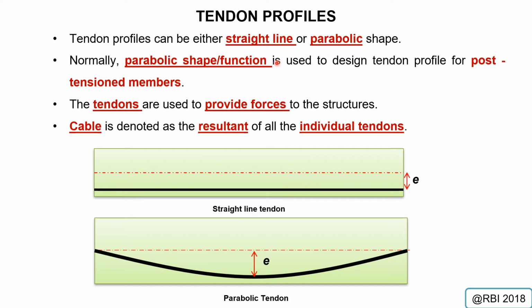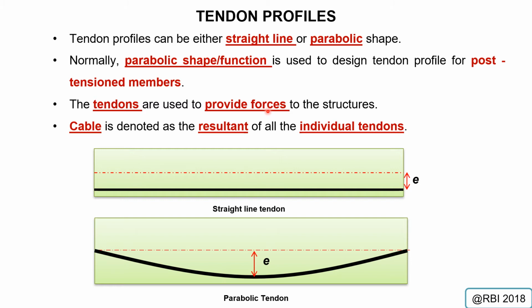Normally we use a parabolic function when we want to design the tendon profile for a post-tension beam, because in post-tensioning the tendons are used to provide forces to the structure.